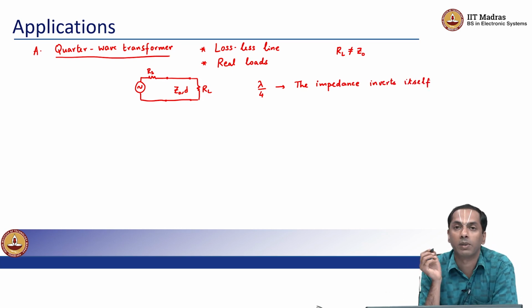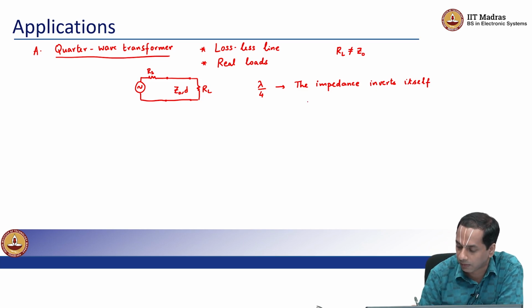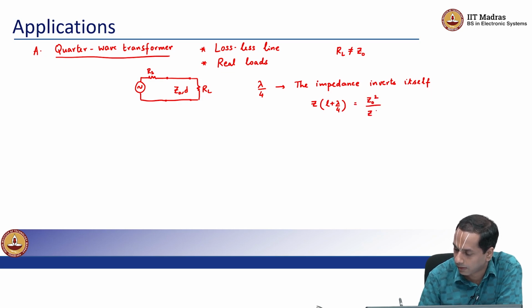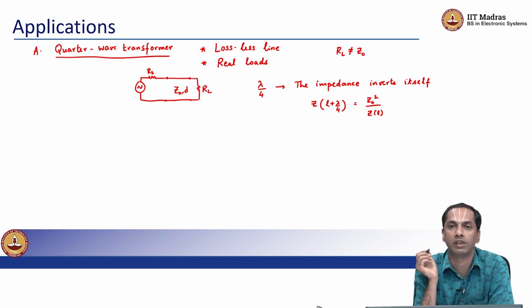We said that for lambda by 2 the impedance is exactly the same. So that is the periodicity, but halfway through at lambda by 4 we said the impedance inverts itself, which is to say that Z at L plus lambda by 4 is Z0 squared by Z at L. So this was the relation we saw during the discussion of periodicity.